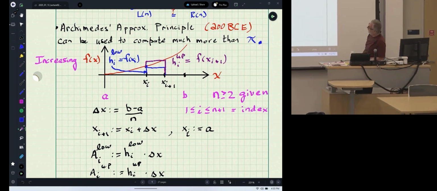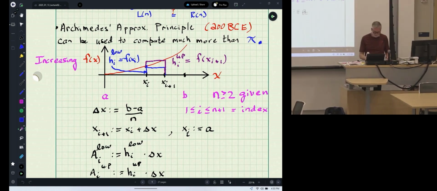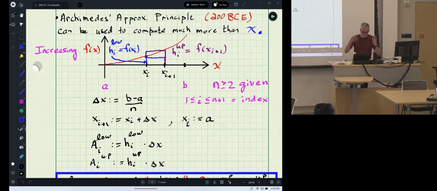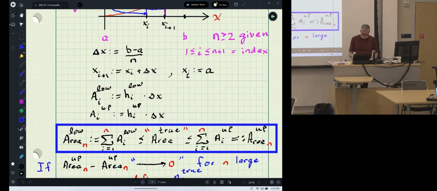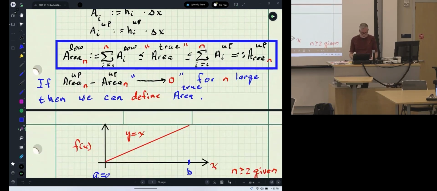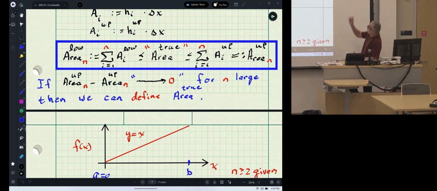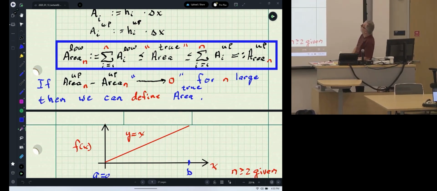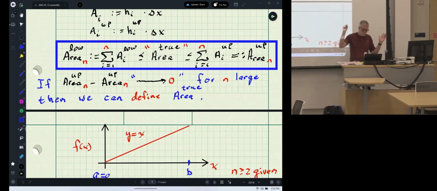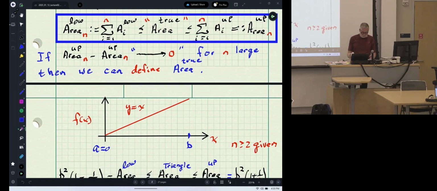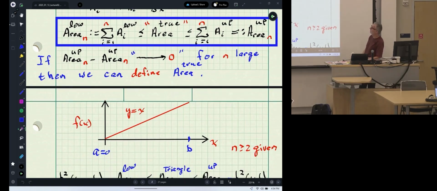And then we work out what we get as we sum up n rectangles for n an arbitrary number. And we form bounds something like this. Area n low is less than or equal to what we're hypothesizing is the true area, which is less than or equal to the sum of the bigger rectangles, the area n upper bound. And if those 2 things go together for large n, then we can define the true area.